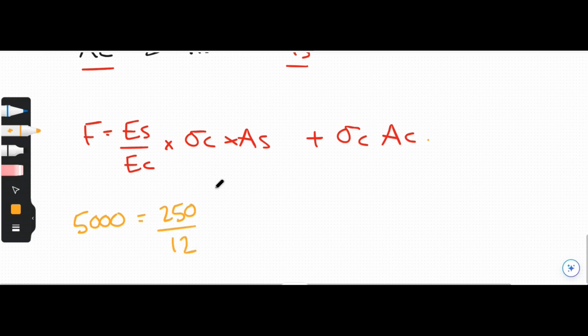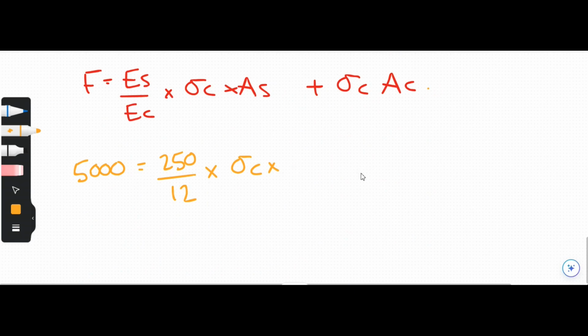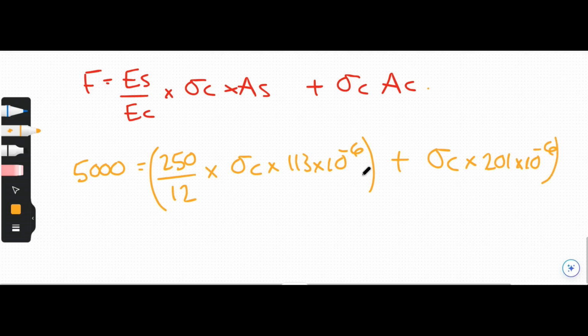You haven't got to put the gigas in because they cancel out. Times stress in the concrete, which I don't know, times the area of my steel, which is 113 times 10 to the minus 6, plus stress in the concrete times the area of the concrete, which was 201 times 10 to the minus 6. All I've done is put my numbers in.